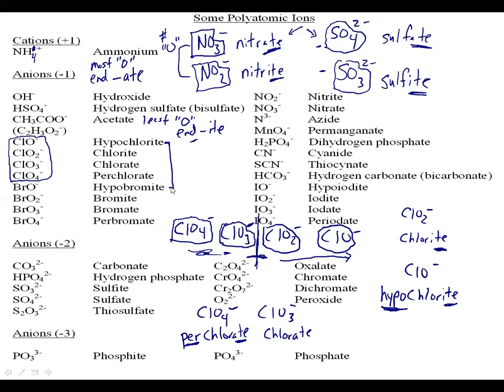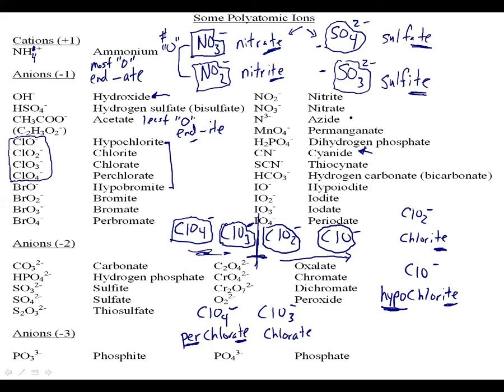Now, although a vast majority of these polyatomic ions, as you can see here, essentially will end in either ate or ite, there are some polyatomic ions that actually do end in ide. So some common ones, cyanide is an example of that here, CN minus ends in ide. Also hydroxide, which is a polyatomic ion, also ends in ide.